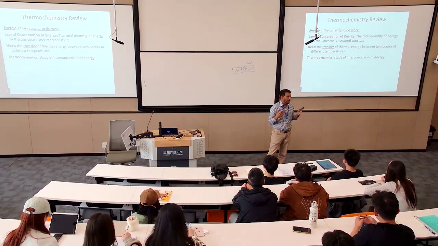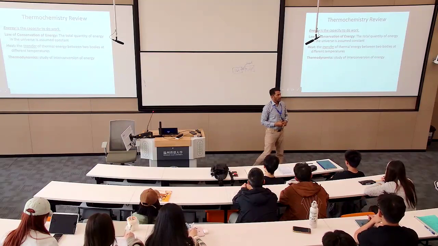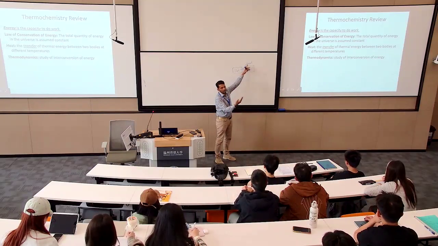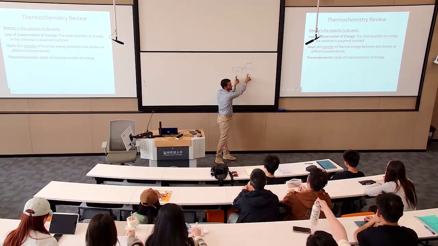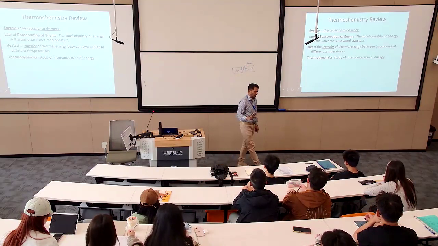So heat is the total kinetic energy and temperature is the average kinetic energy. Okay, but we know heat is a form of energy. It only flows when there is a temperature difference. When there is the same temperature, heat can hardly flow. Okay.